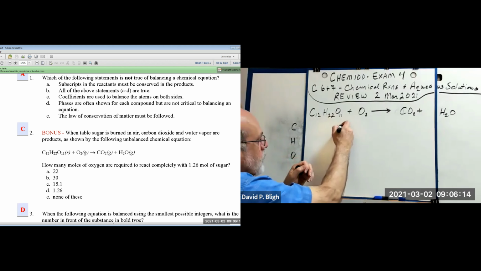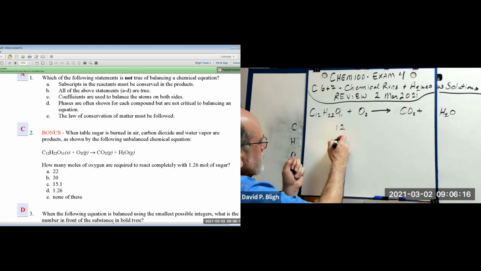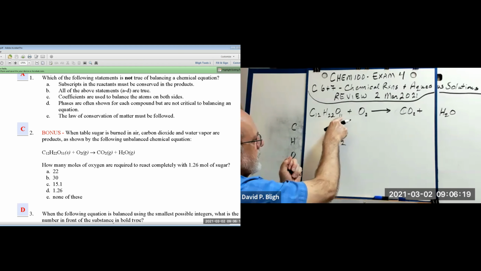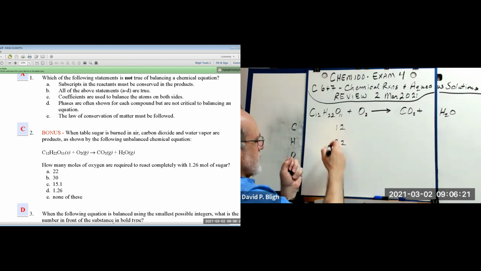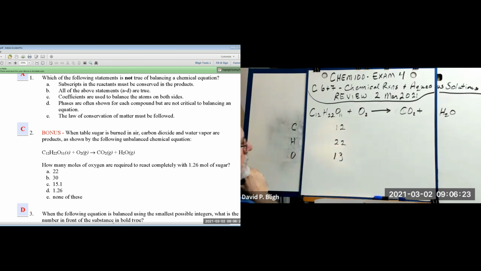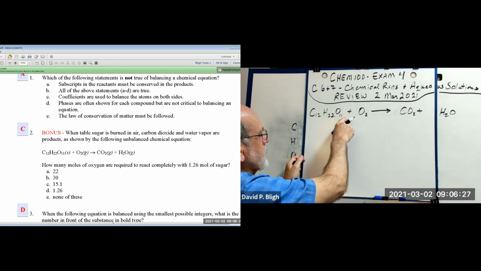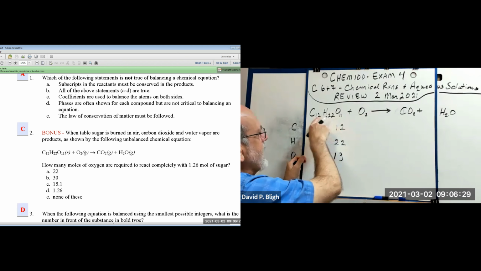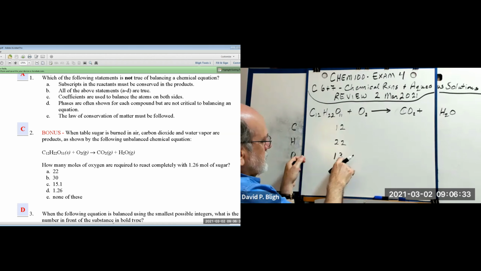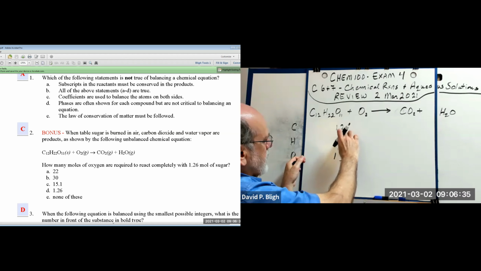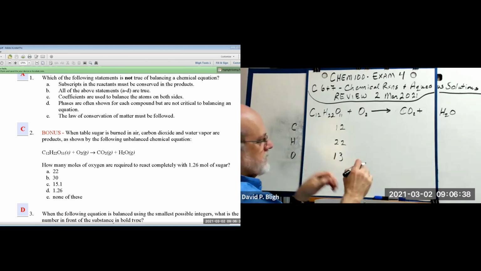We start off with 12 carbons, 22 hydrogens, and 11, 12, 13 oxygens. Now let's see if I counted them right. So that's 13, 35, 47.